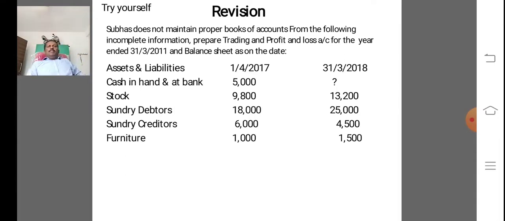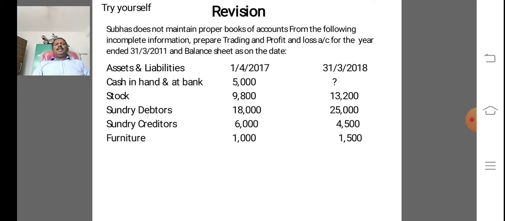Try yourself. Subhash does not maintain proper books of accounts. From the following incomplete information, prepare trading and profit and loss account for the year ended 31/3/2018 and balance sheet as on that date. So assets and liabilities on 1/4/2017 and 31/3/2018.